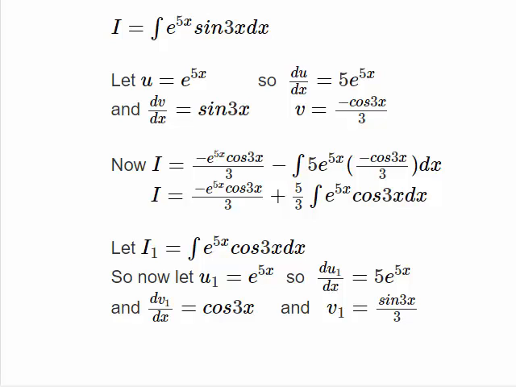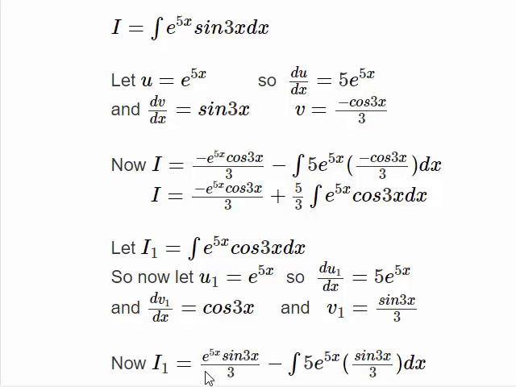So I1 equals uv, u is e to the 5x times sine 3x over 3, minus v, which is the sine 3x over 3 there, du, 5e to the 5x, which is there.